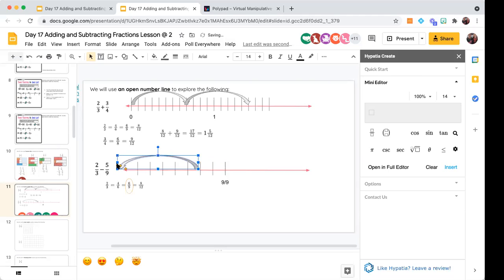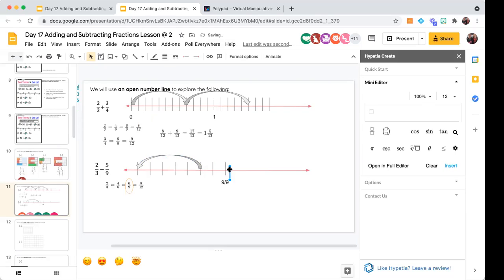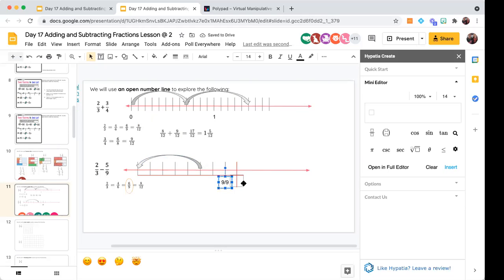From 6/9, we need to go backwards 5. 1, 2, 3, 4, 5/9. So when we went backwards 5/9, we needed one more. That's why I was confused. We need to move this over one more. There. We are now at 1/9.